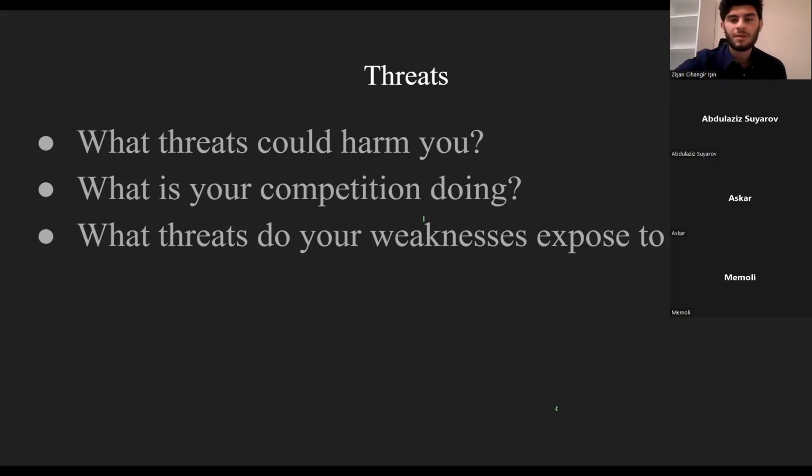Before getting into these things I wrote, which you can see on the screen, while creating the threats part of a SWOT analysis, my recommendation is that all of us should do a risk analysis. Has anybody done a written risk analysis before?